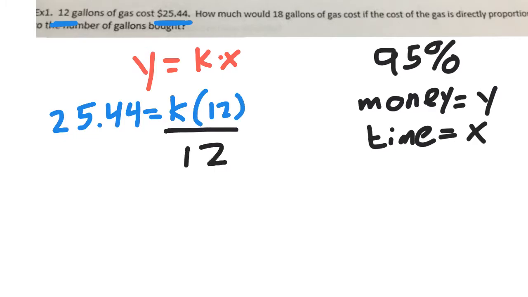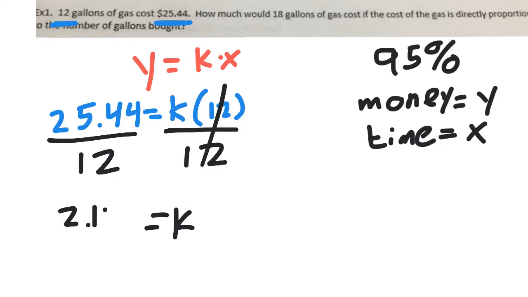Now we are going to divide by 12. It's 2.12. Again, think about what this is. This is the price divided by the number of gallons, so it's the price per gallon, which is what we're looking for. So it's $2.12 for every gallon.